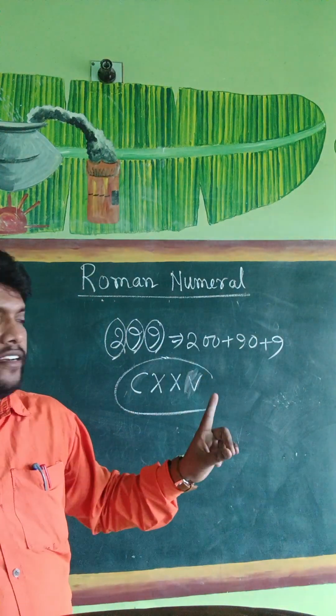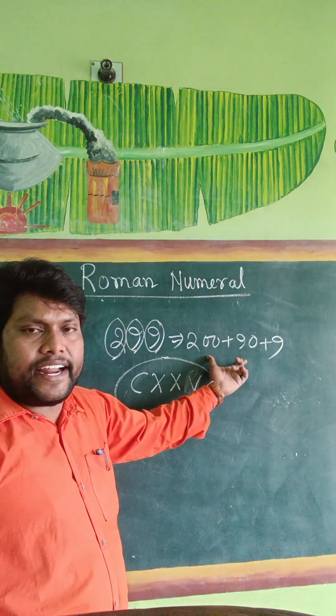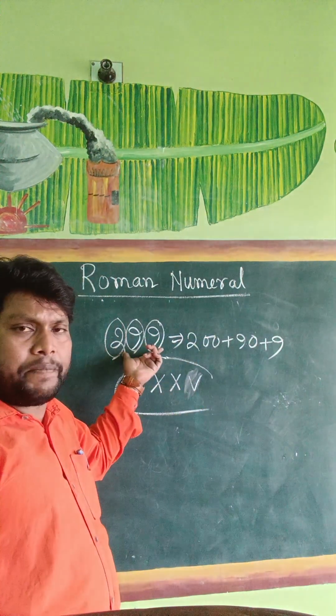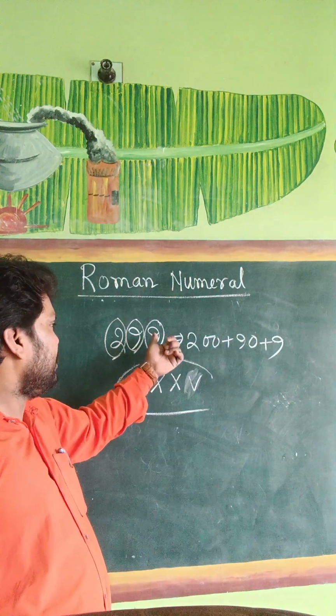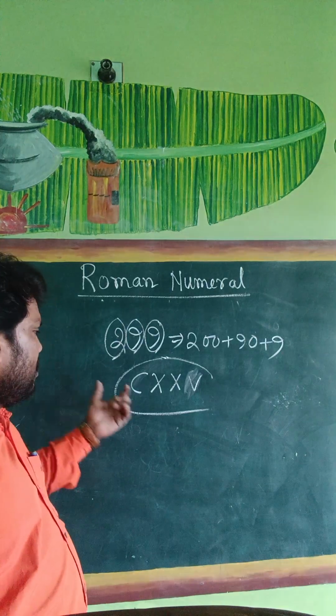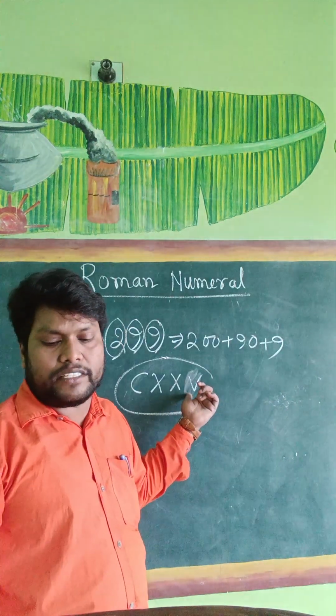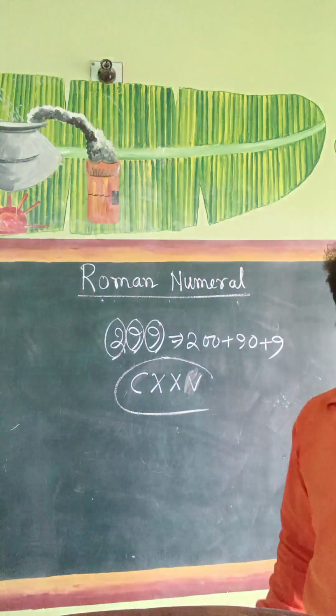Keep it in your mind. In the Hindu-Arabic system, it can be written in expanded form, that means it has a place value: ones, tens, hundreds, thousands, ten thousands, lakh, ten lakh, crore, etc. But in Roman numerals there is no place value.